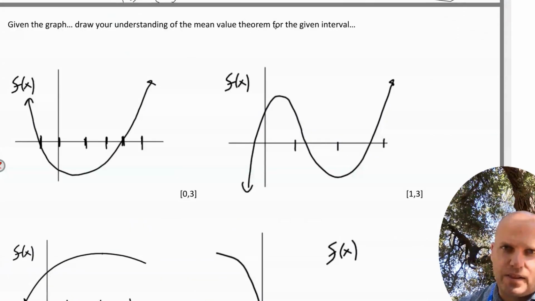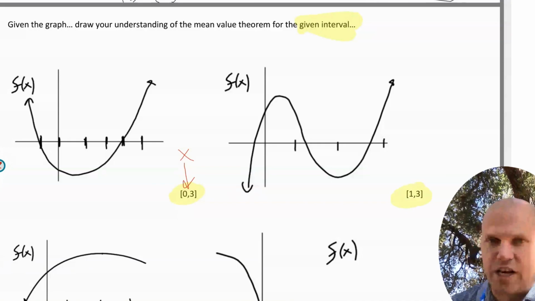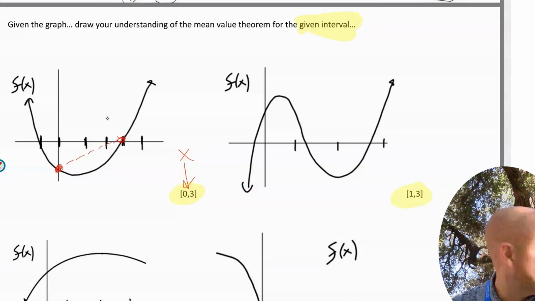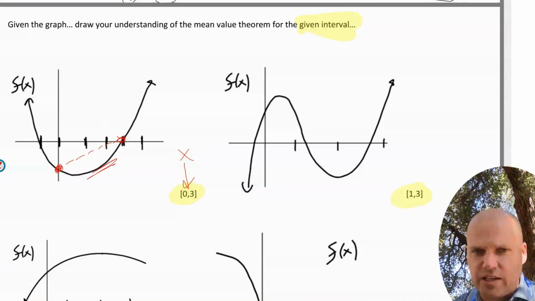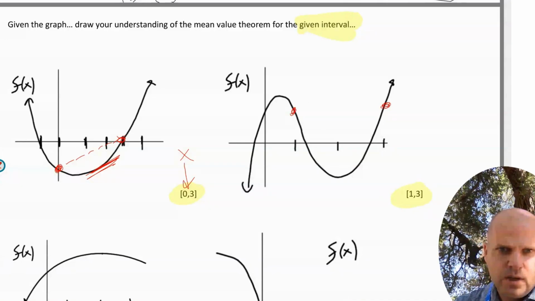I think the important thing about this question is to say these are the intervals. Make sure you see this interval. Now, this is just a visual understanding of the mean value theorem. It's kind of what we started with, the drawing. If I say f from 0 to 3, I see this would be my secant slope. Tangent slope equaling secant slope. Bam, right there. I don't know where that is, but this is my drawing of my understanding of that. From 1 to 3, it looks like my secant slope is practically flat, maybe 0.